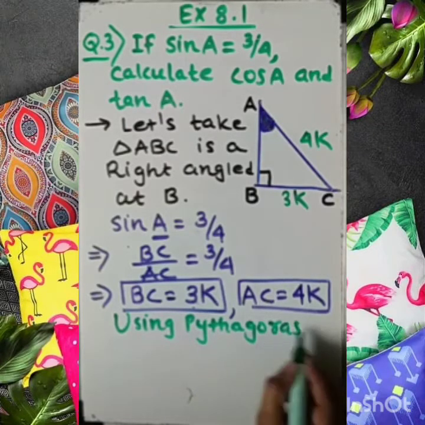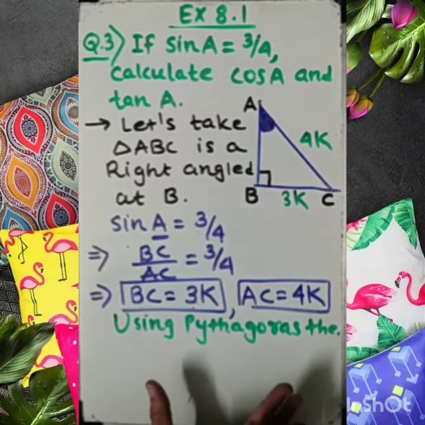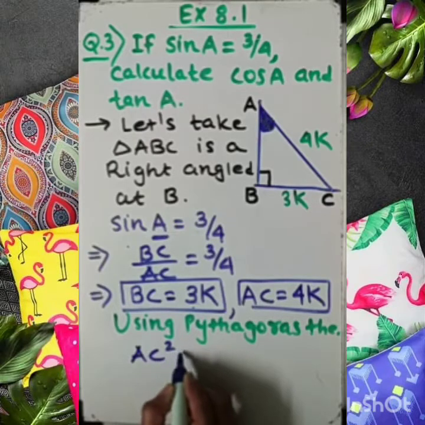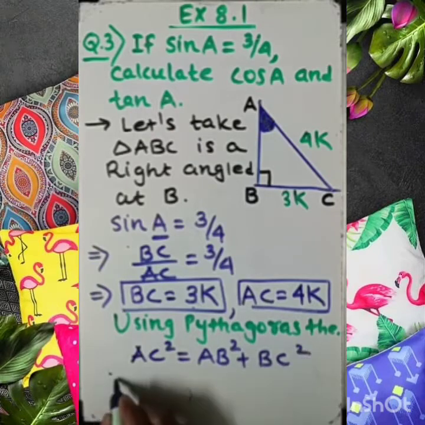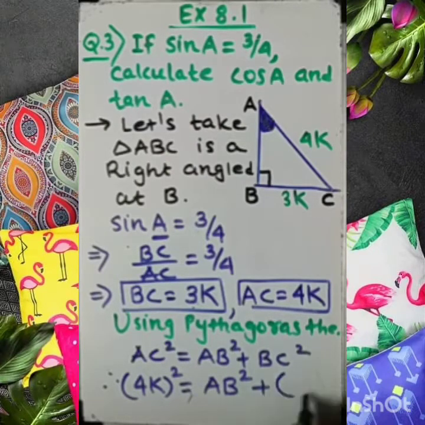See dear student, most probably the triplets we are given will be in triplet form, but sometimes in some cases it can be an irrational number also. So here, using the Pythagoras theorem, I need to mention AC square equals AB square plus BC square. Therefore, in place of AC I am writing 4K whole square, and for BC, 3K whole square.